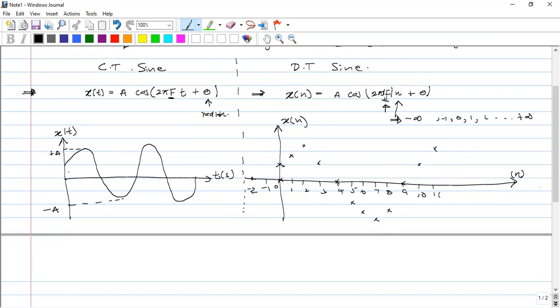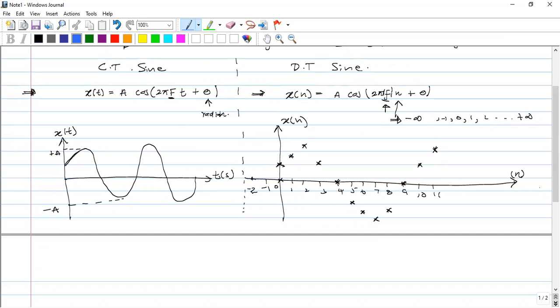If this is a voltage signal, then A and minus A will be voltage levels. And if this is the discrete version of this voltage signal, these are some voltage values.